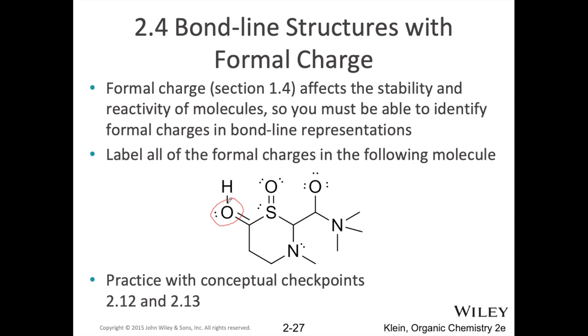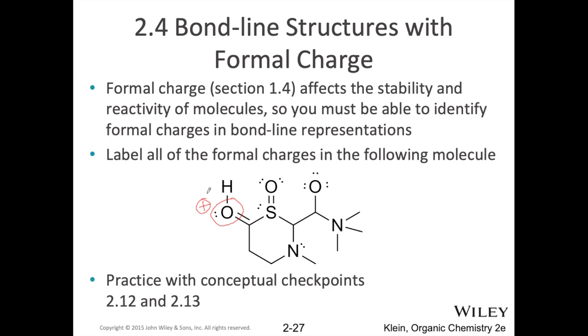So we count that as 1 electron for the oxygen. So that's 1, 2, 3, 4, 5 electrons. But oxygen ought to have 6, right? If it were a neutral oxygen atom. So since this is drawn as having influence over only 5 electrons, we give it a positive formal charge, right? So that's something to keep in mind.